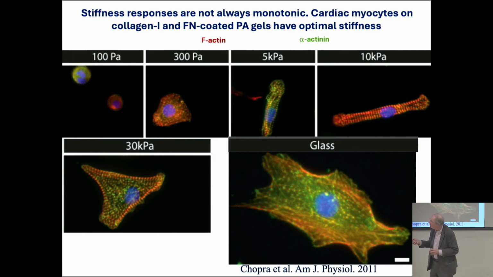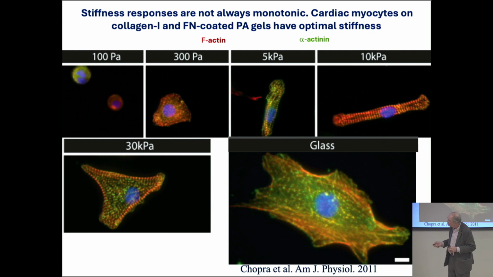So if we now take the adult heart cell and put it on a material that is much softer, this is the stiffness of an embryo, of the embryonic heart where it originally came from, but now it has reprogrammed itself to live in an adult environment. If you put it back in this very soft environment, it can't function properly. It will still stick and it will live, but it won't look like a muscle cell.